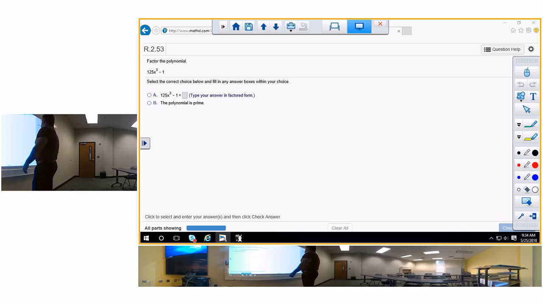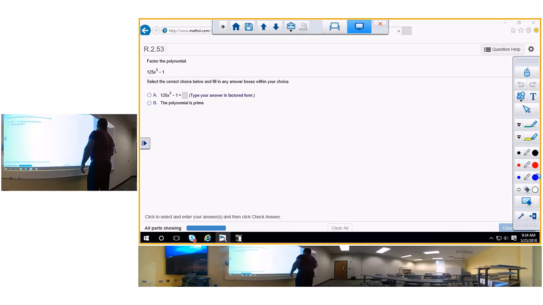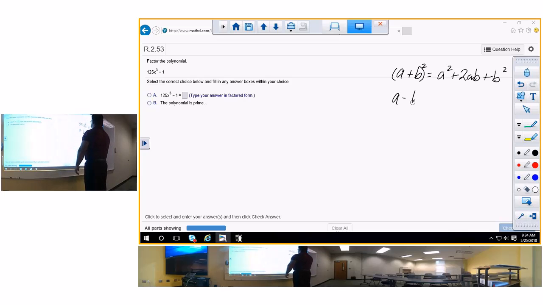But the shortcuts are, and if you go to my videos, you'll see it. A plus B, quantity squared, is equal to A squared plus 2AB plus B squared. That's shortcut number 1. Shortcut number 2, A minus B, quantity squared, is equal to A squared minus 2AB plus B squared.